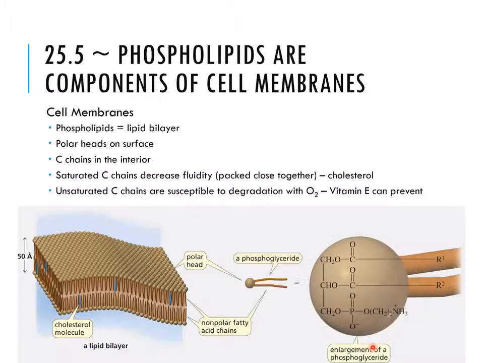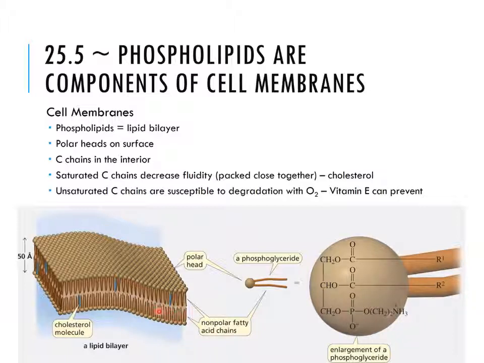Where we see our phospholipids is in cell membranes. And so here is the cell membrane, and just like some of our other molecules, because it has that polar area, so the esters and that phospho group, that is the polar section of the molecule, those are all going to gather together, and then the non-polar chains are going to be pointing down, again, all pointing in the same direction.